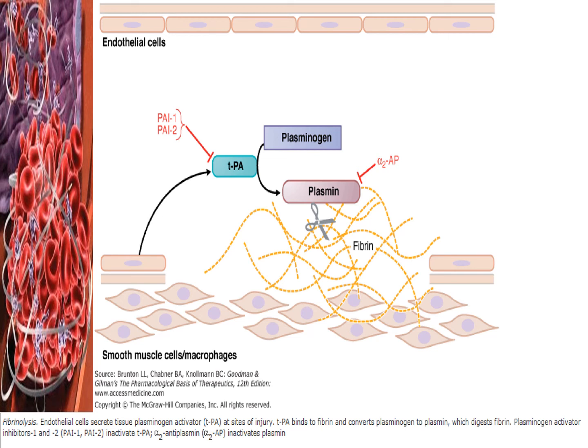And in addition to this, plasminogen activator inhibitors 1 and 2 inactivate the tissue plasminogen activator to inhibit this process of fibrinolysis. And in addition, the antiplasmin inactivates the plasmin, here indicated as alpha 2 antiplasmin, alpha 2 AP.